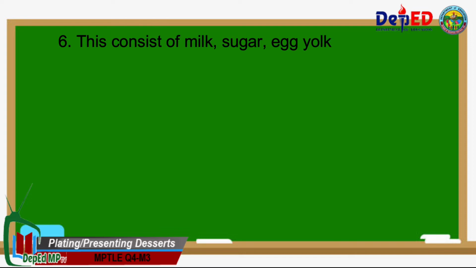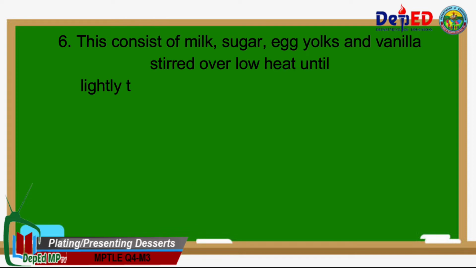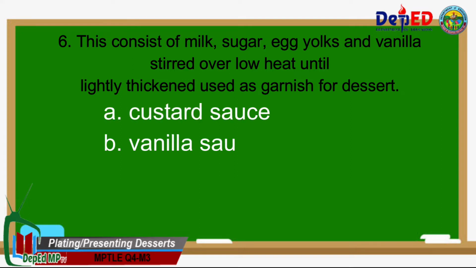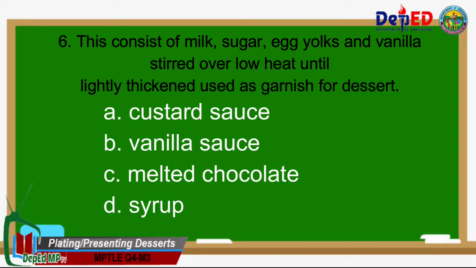Number 6. This consists of milk, sugar, egg yolks, and vanilla stirred over low heat until lightly thickened, used as garnish for desserts. Letter A. Custard sauce. Letter B. Vanilla sauce. Letter C. Melted chocolate. And letter D. Syrup.